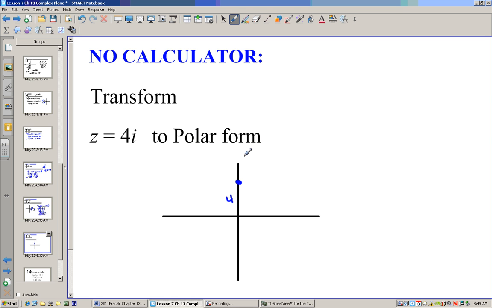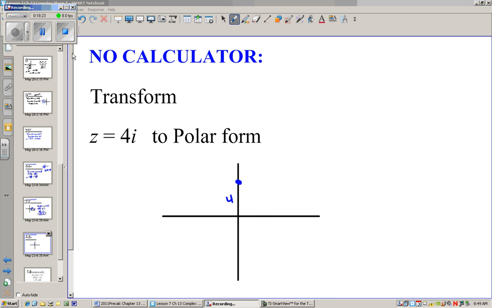So we could go through the whole thing, or we could just see that since 4 is the radius, we can say it's 4 cosine plus i sine. What degree is that? 90 degrees.